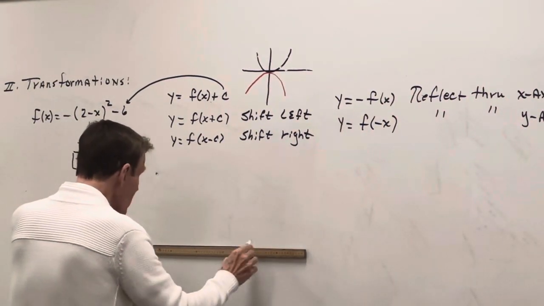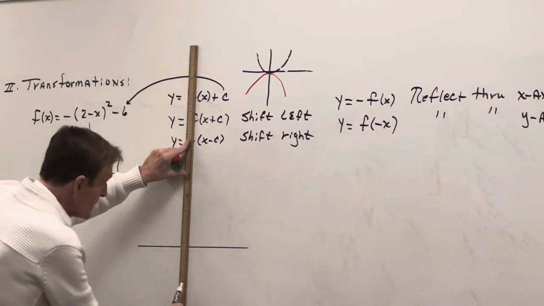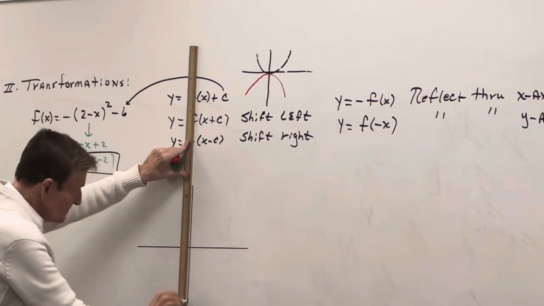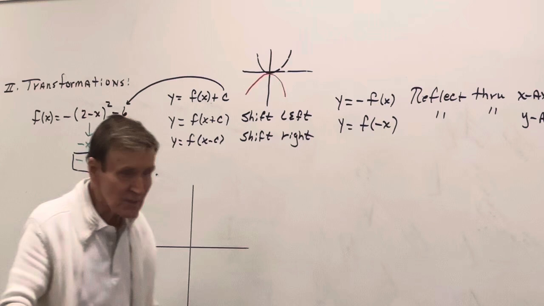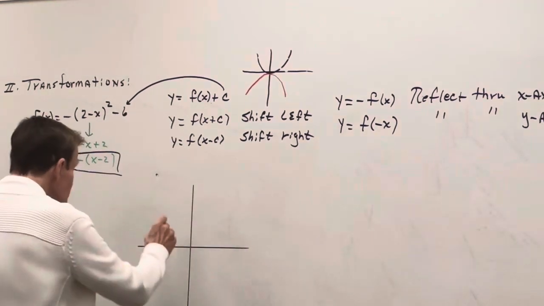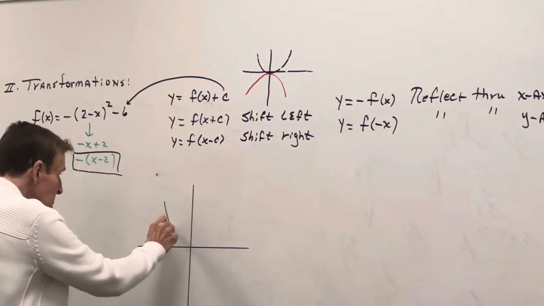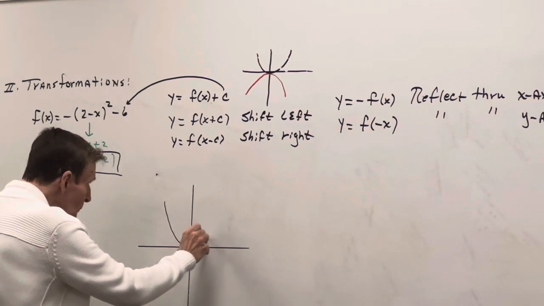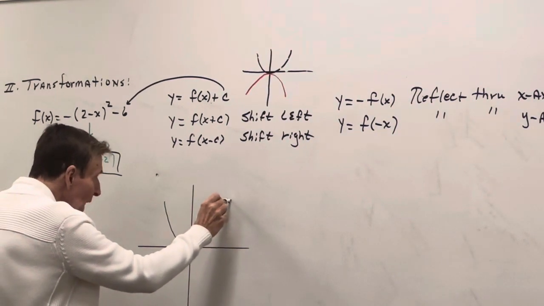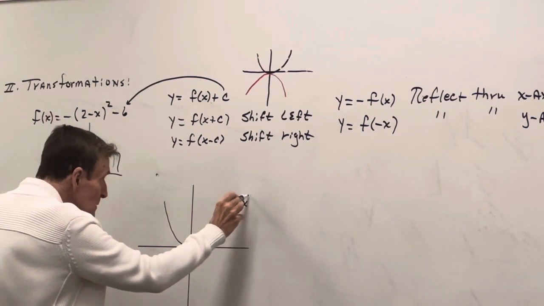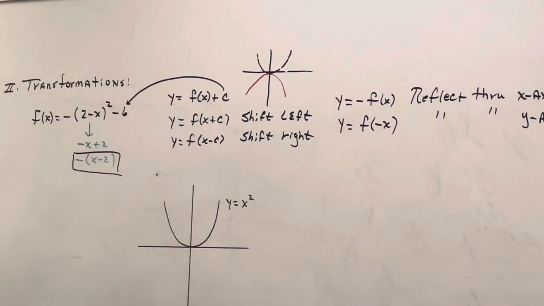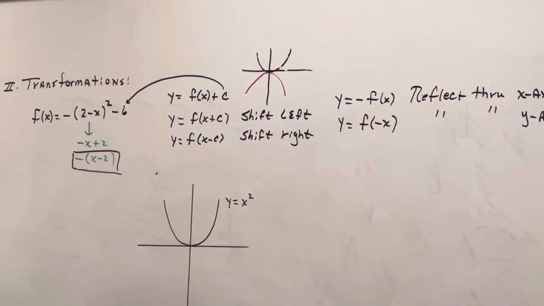Let's start out with the parent graph. I always ask you to put the parent graph first. Its shape will look something like this. And we'll label on the side. This represents my parent. Now start from left to right, the transformations.